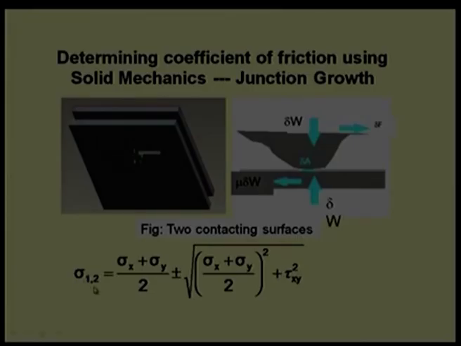principal stress 1, principal stress 2 is equal to the average of the stress in x direction and stress in y direction, plus minus, plus for sigma 1 and minus for sigma 2. Then this is the average plus this is the shear strength term.